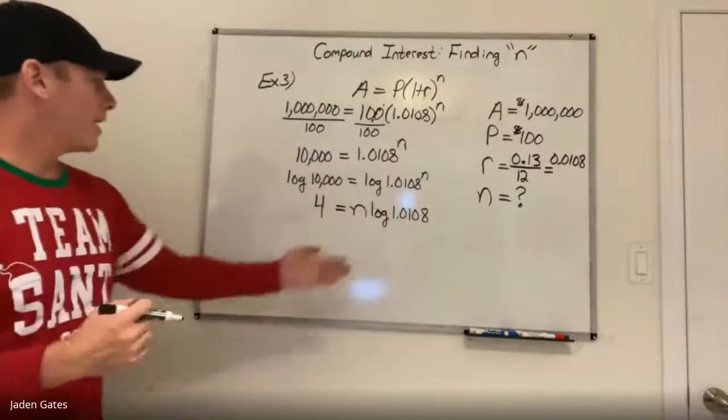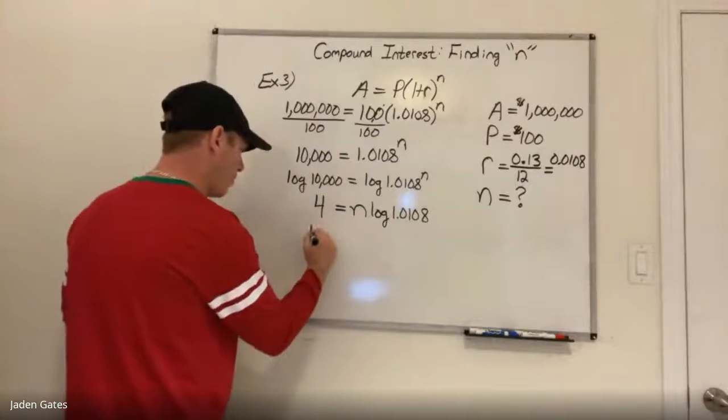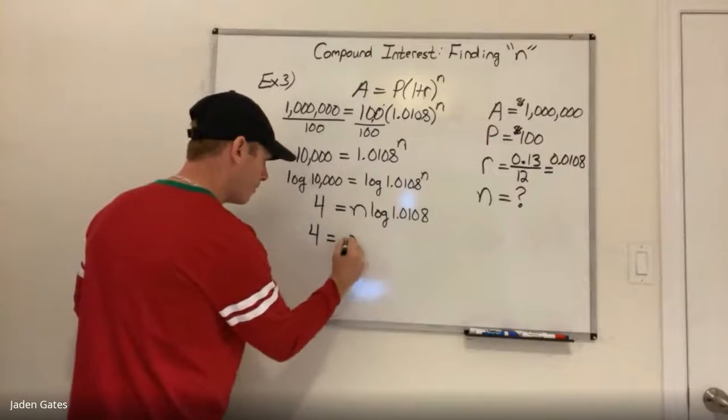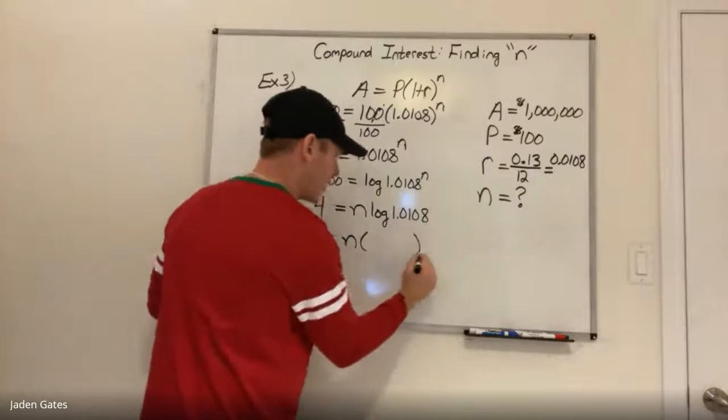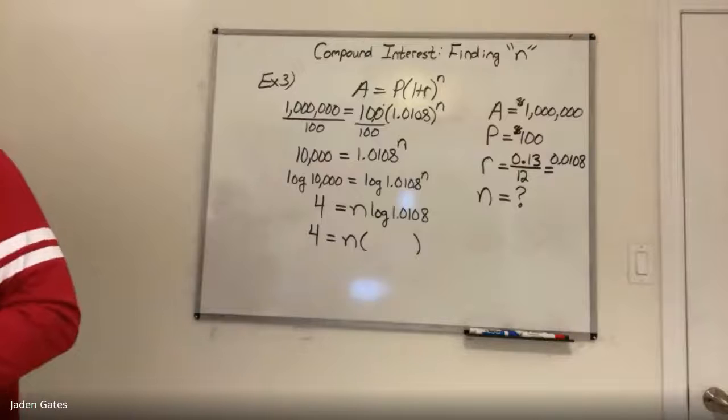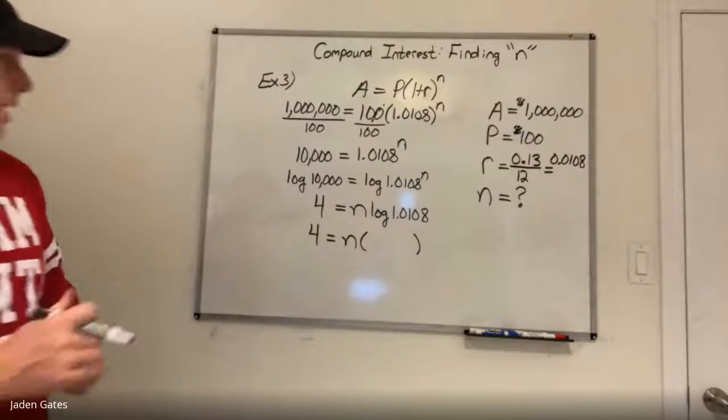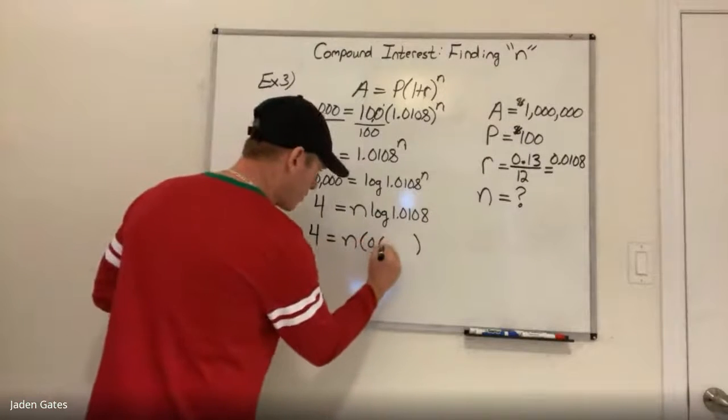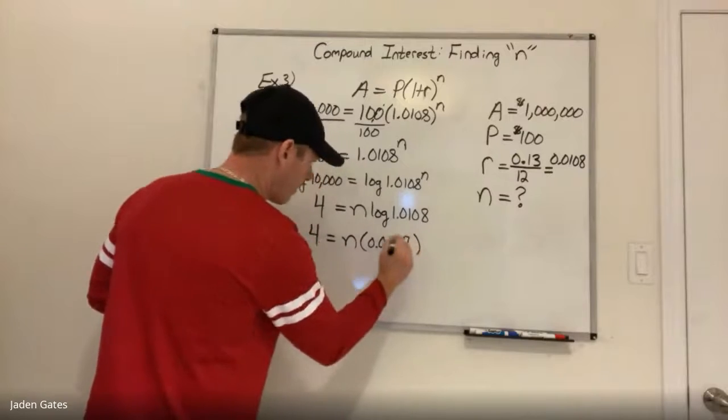All right, and again, I can take the log of that very small number, and that is going to be a huge decimal here. So I end up with 0.0047.